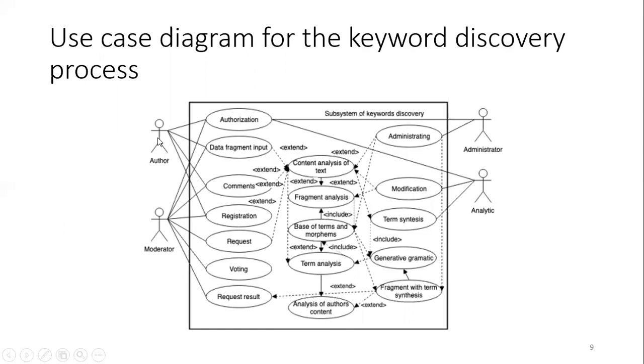It includes the author, who introduces a fragment of text, and a moderator who moderates this process, with basic operations like context analysis, fragment analysis, using the base of terms and morphemes, term analysis, and generative grammatics, which is used to build and analyze the phrases, the sentences, and the fragments of text.